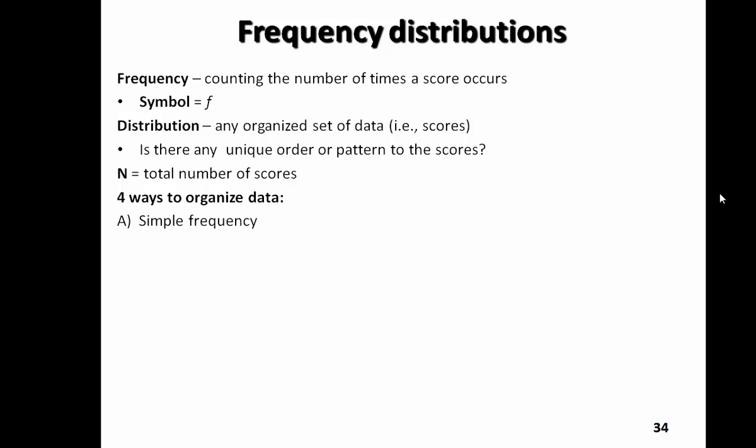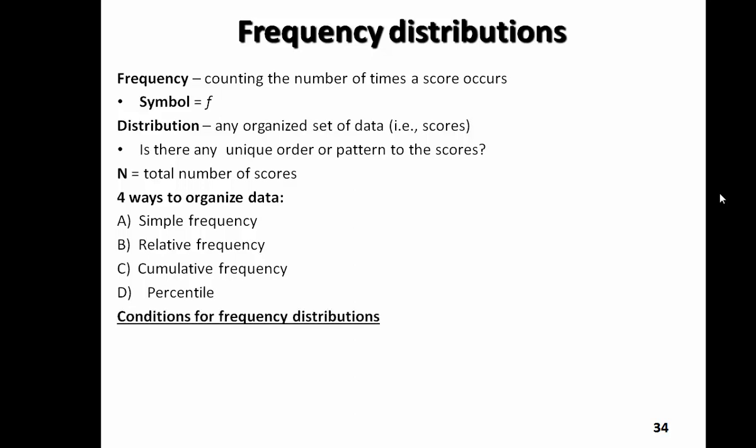The first is referred to as a simple frequency, and the second method is a relative frequency. The cumulative frequency often accompanies the calculation of the relative frequency, and finally the percentile provides a very useful way to understand how scores rank with respect to each other.